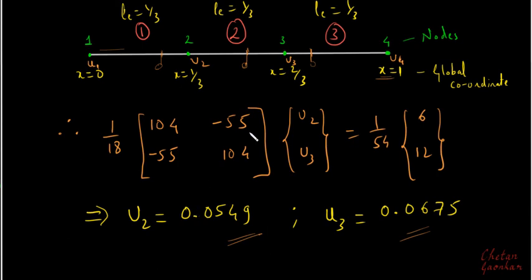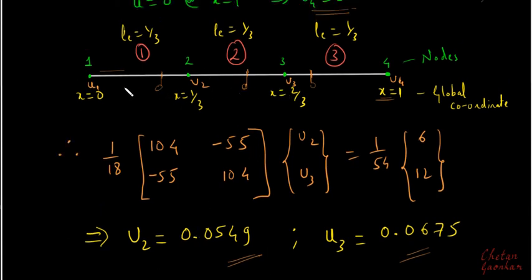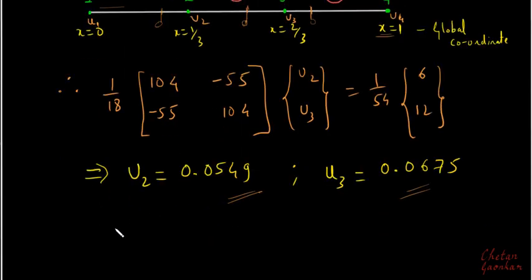Since we already have these values, if I want to find the value anywhere in between, I can straight away use the shape function. I know that the displacement model is u equal to N1 u1 plus N2 u2, or Ni ui plus Nj uj.